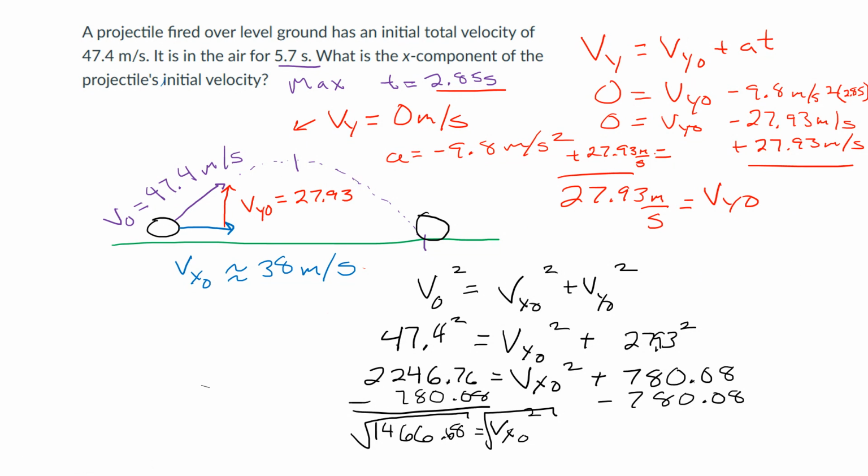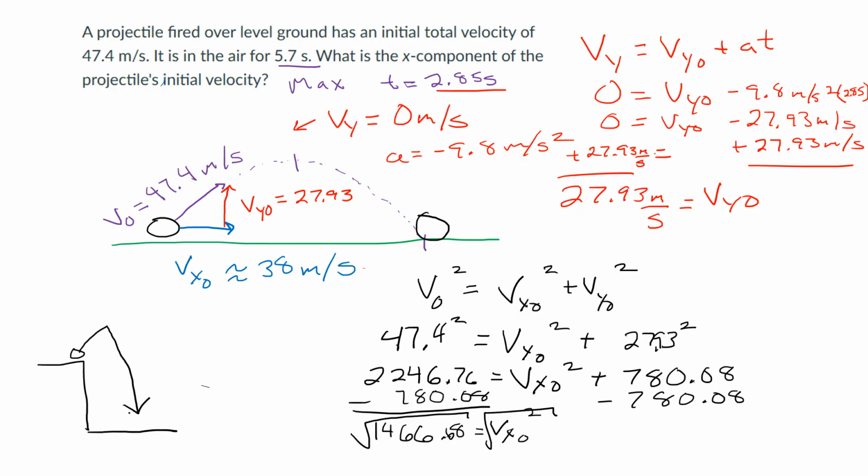The problem is at some point, we're going to have a problem where you're on a cliff and you shoot that thing up in the air, and then it's going to land way down here. The way that they did that problem only works if it's on level ground because there's symmetry.